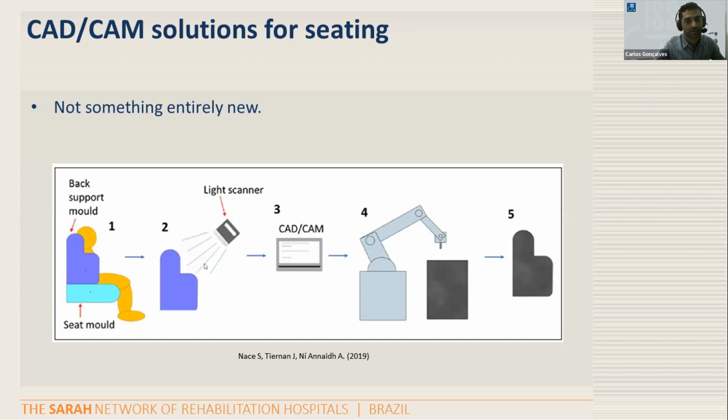That 3D file can then be sent to a CAD, computer-aided design software, where you can design the actual cushion and backrest. Later on, another software, a CAM, computer-aided manufacturing, can convert the shape of the solution to tool paths. You can have a robot or a milling machine that can have those paths programmed, and in the end, you have the final shape that you designed.